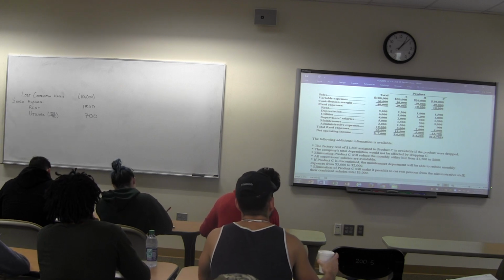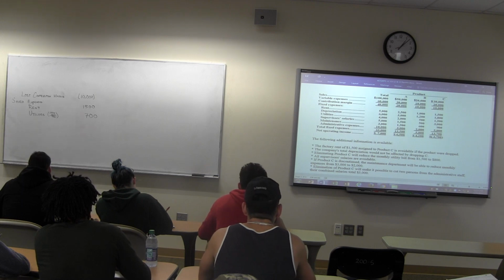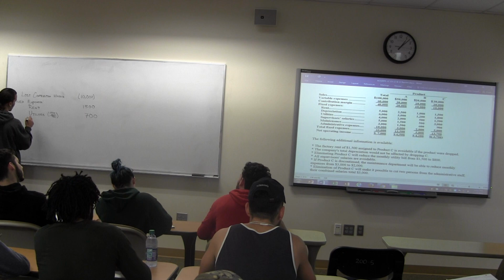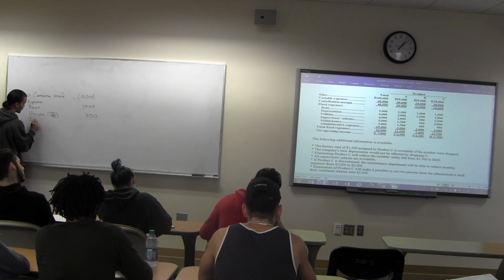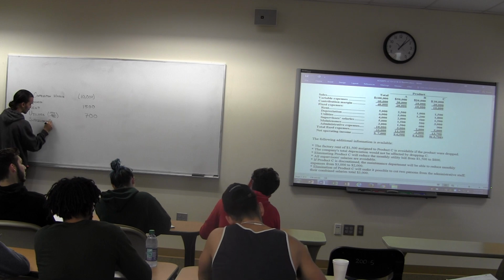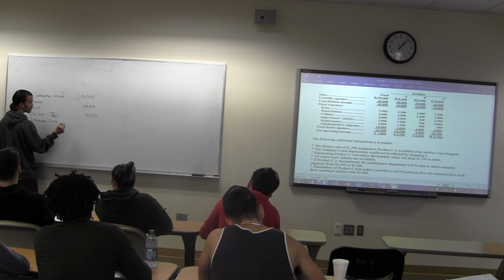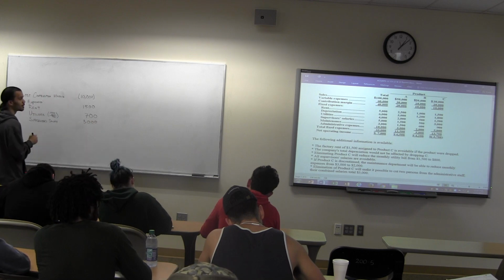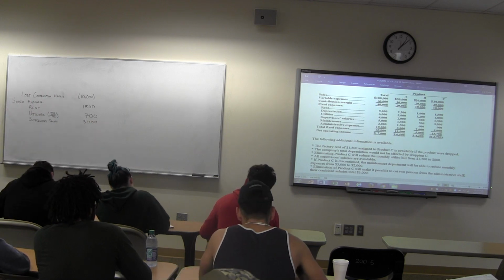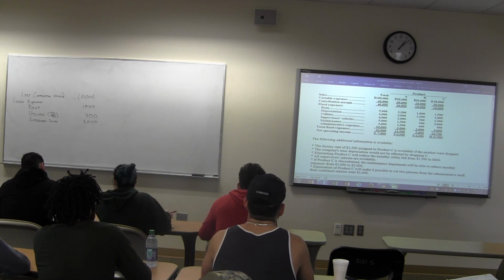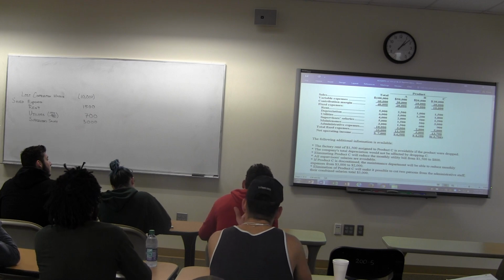All supervisor salaries are avoidable. So after utilities, it says supervisor salary. So the supervisor salary of $3,000 is also avoidable. If product C is discontinued, the maintenance department will be able to reduce monthly expenses from $3,000 to $2,000.